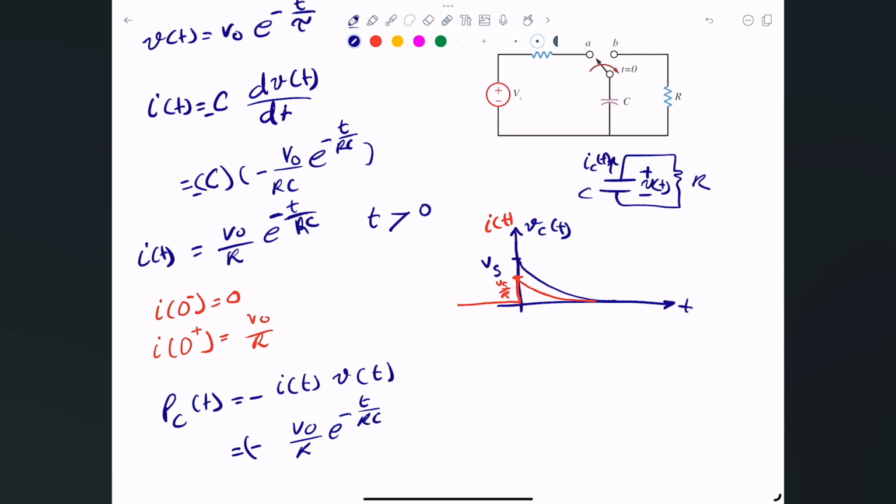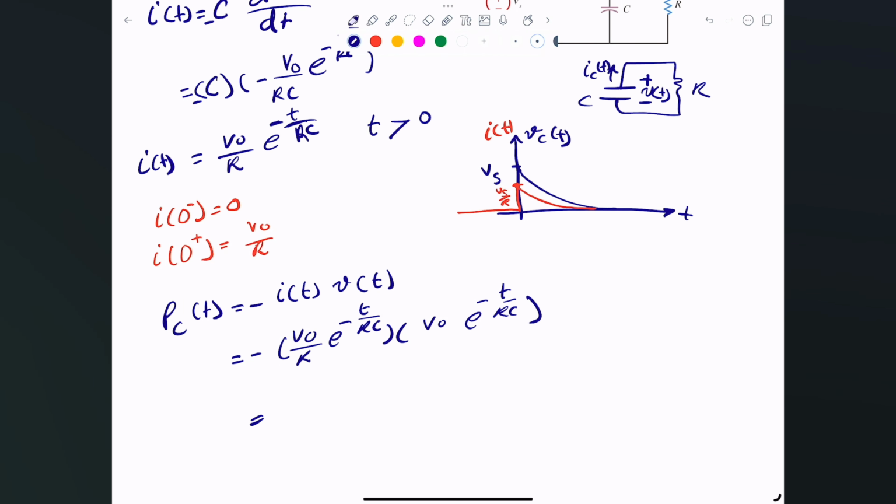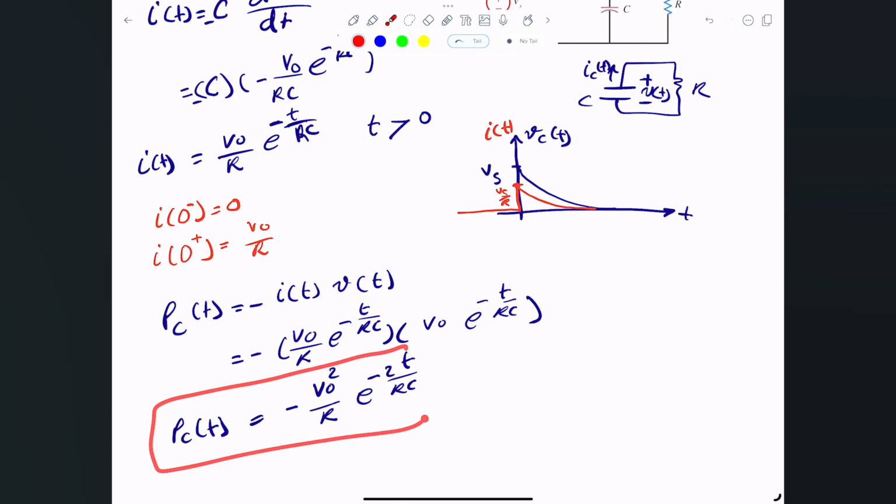And then we have to multiply it by V0 e to the negative t divided by RC. That is simply negative V0 squared divided by R e to the negative 2t divided by RC. And that's the power provided by that capacitor.